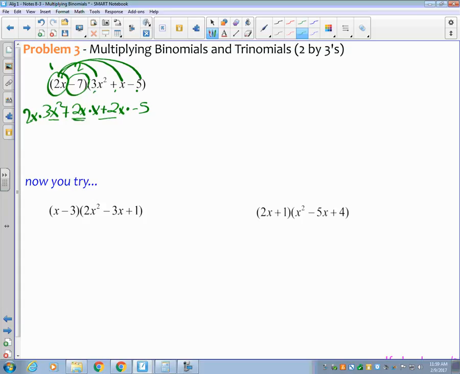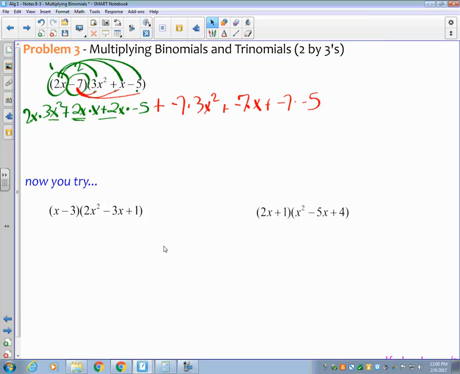Then I'm going to do that whole process again, but instead of using the 2x, I'm going to use the -7. So I'm going to go -7 times 3x squared plus -7 times x plus -7 times -5. Everything gets multiplied by the -7.